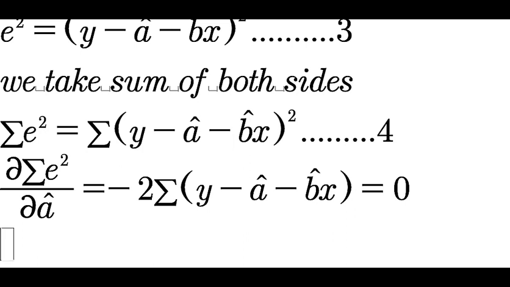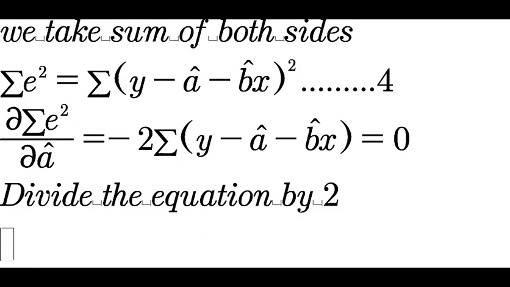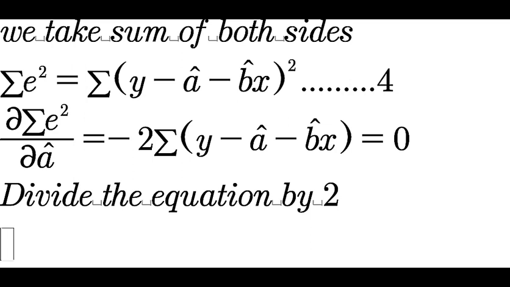Now we proceed. Let's divide the equation above by 2. Let us deal with the right hand side, because we said that we shall set the partial derivative of summation e squared with respect to a hat equal to 0.